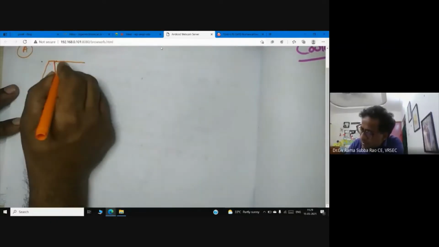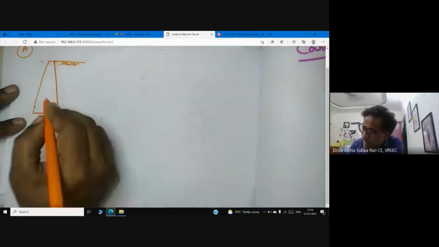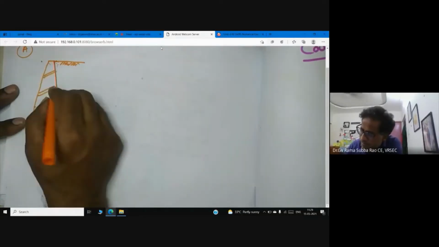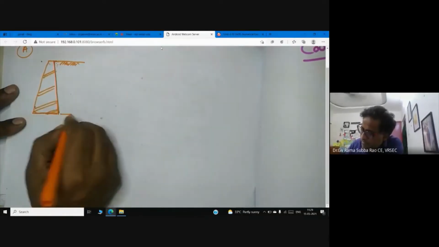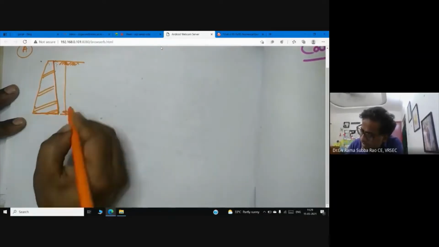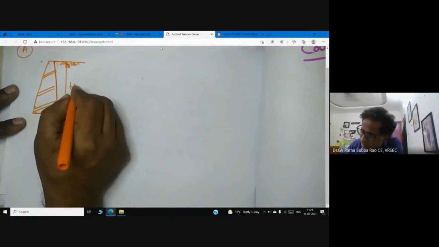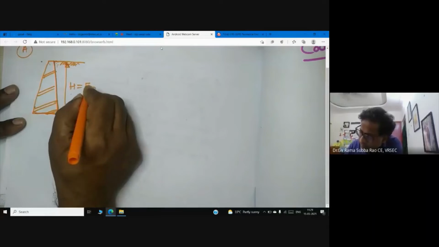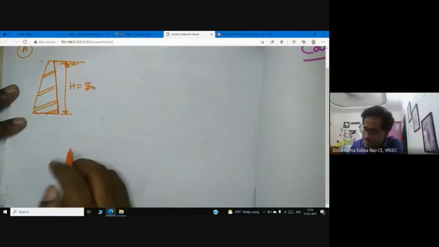Now you can see the backfill surface. This is the retaining wall. What is the height of the wall? The height of the wall is 5 meters.